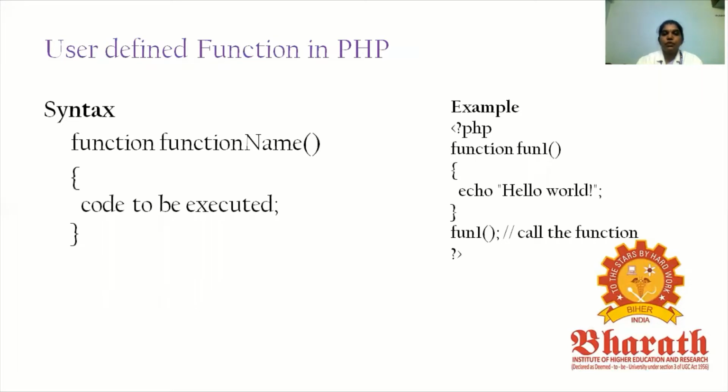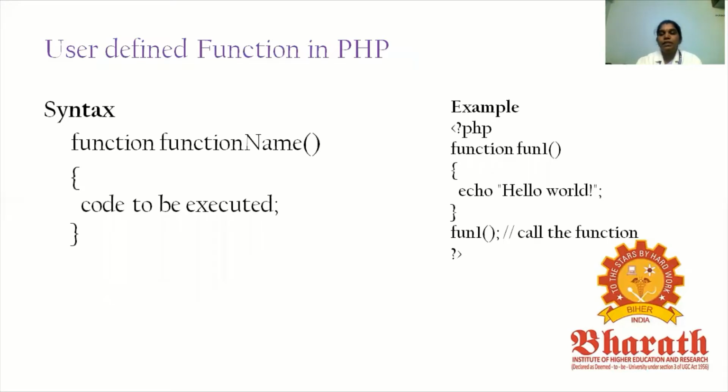First of all, you should know the syntax: how to create a function. function is a keyword, followed by the name of the function, then open and close parentheses. Then the open curly brace indicates the start of the function, and the close curly brace indicates the end of the function. This is the syntax. Now see the example.